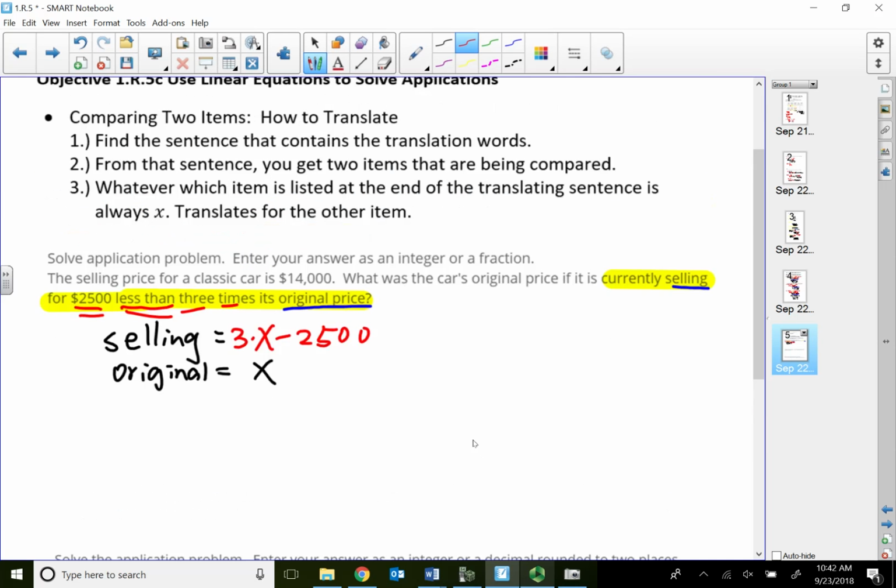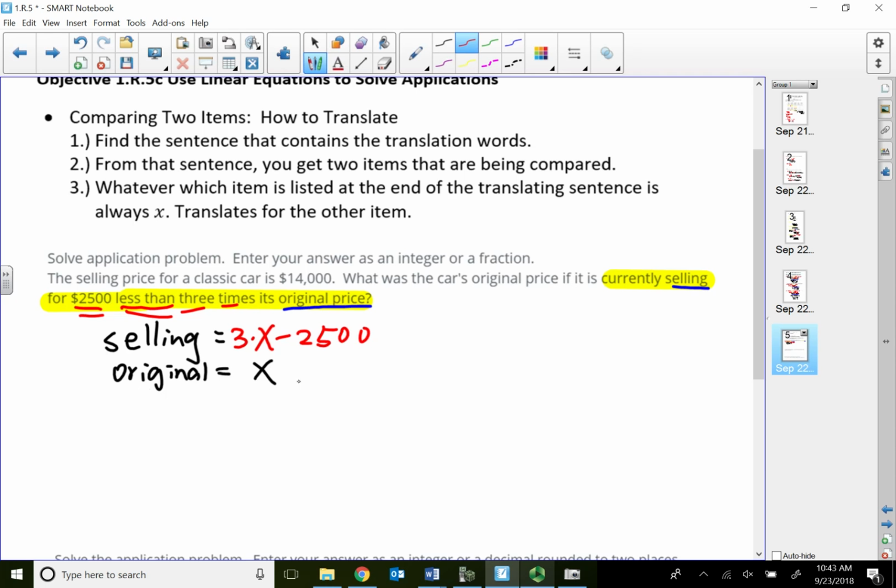So how do I write out the equation? Well, the problem actually told you already how to write out the equation. That's why our job is mainly to translate for the items. If you go backwards, in front of what I highlighted, what was the car's original price? So that's the question itself. Who do I need to find?